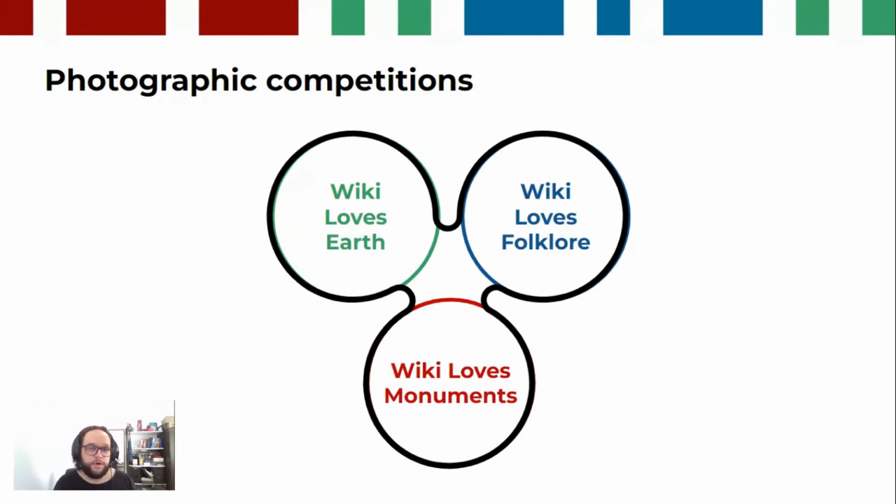We have natural patrimony or natural heritage with the photograph competition Wiki Loves Earth, and we have cultural and folk patrimony heritage with Wiki Loves Folklore, and we have the built historical heritage with Wiki Loves Monuments. We have this triad of photograph competitions on Wiki that promote all three aspects of this cultural heritage.